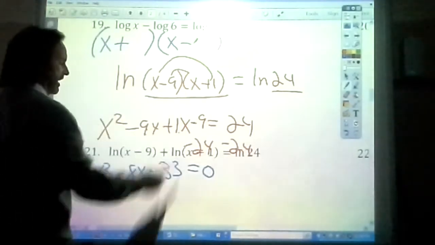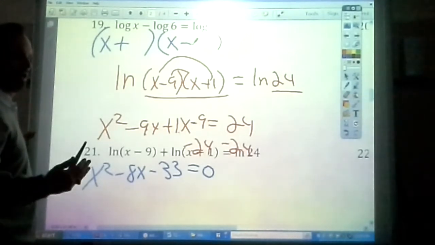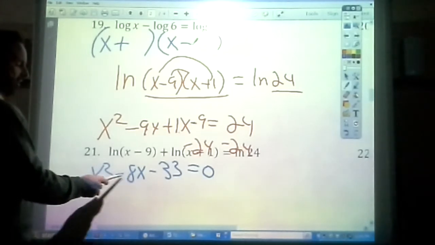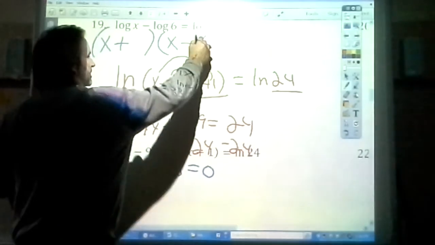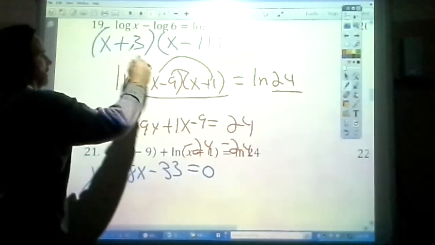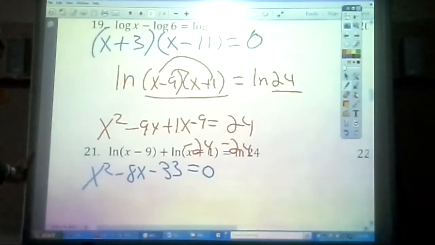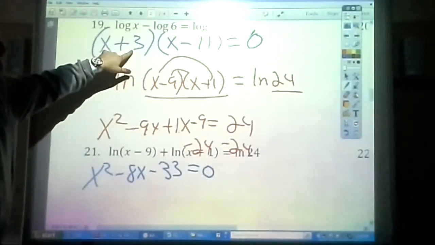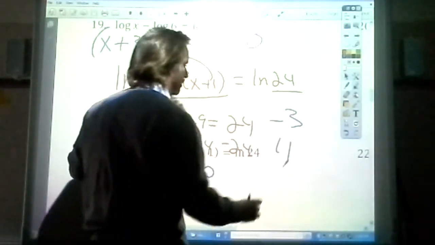These last two factors, the only two factors that make 33 are 3 and 11, and the difference is going to be 8. But it's a negative 8, so I know the negative gets the big number, the 11, okay? And that's going to equal 0. So either x is negative 3, or x is 11. Let's check them out, negative 3 or 11.